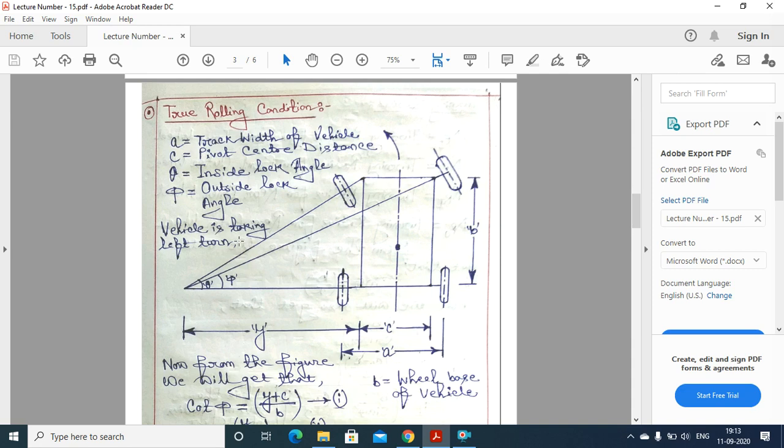So RFI is equal to, the total distance is x. Now you can see in this figure, track width is the distance between the centers of these two wheels, and C is the pivot center distance of these two wheels.